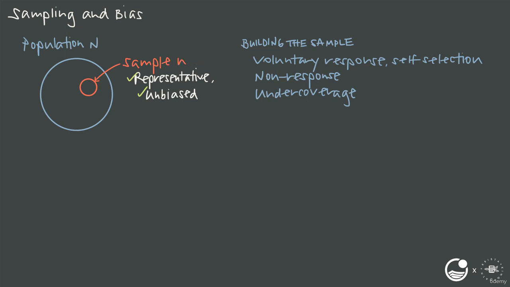We also have to worry about pre-screening or advertising bias. How do we get people to participate in our sample in the first place? Going back to the idea of surveying employees at our company, if we post a flyer in the cafeteria of our company offices, and that's the only place that we advertise the survey, then the only people that we're going to get included in our sample are people who saw that flyer, which means people who use the cafeteria, who work when the cafeteria is open and choose to visit the cafeteria, which means they're people who maybe didn't pack their own lunch and bring it to work.